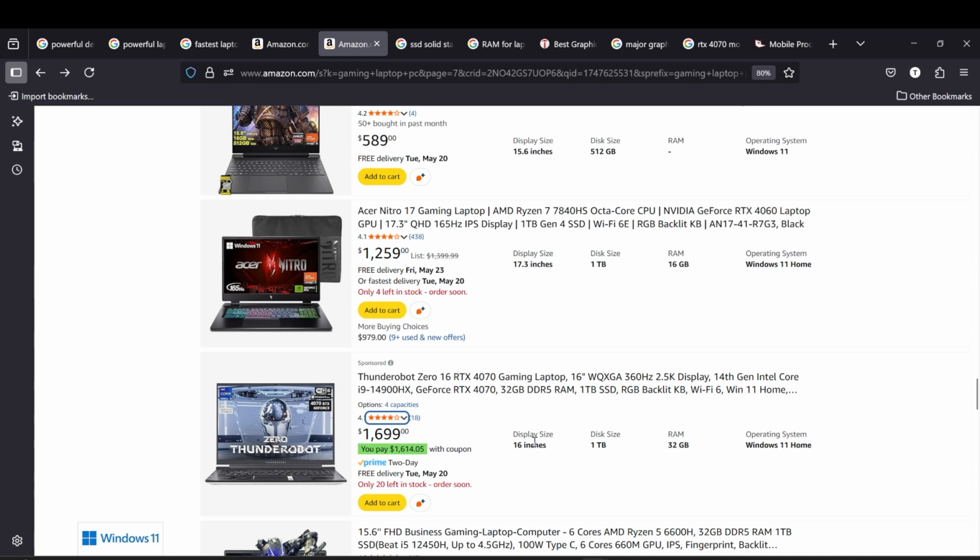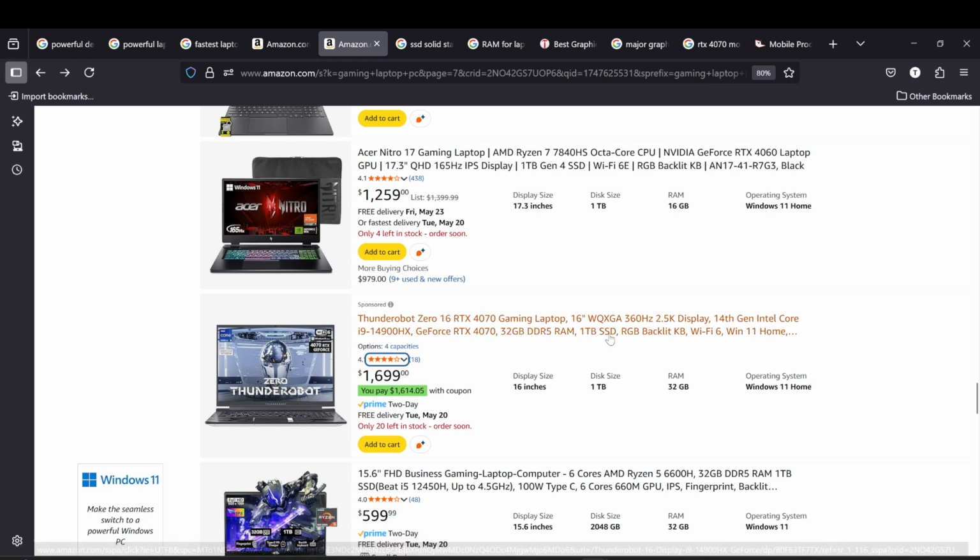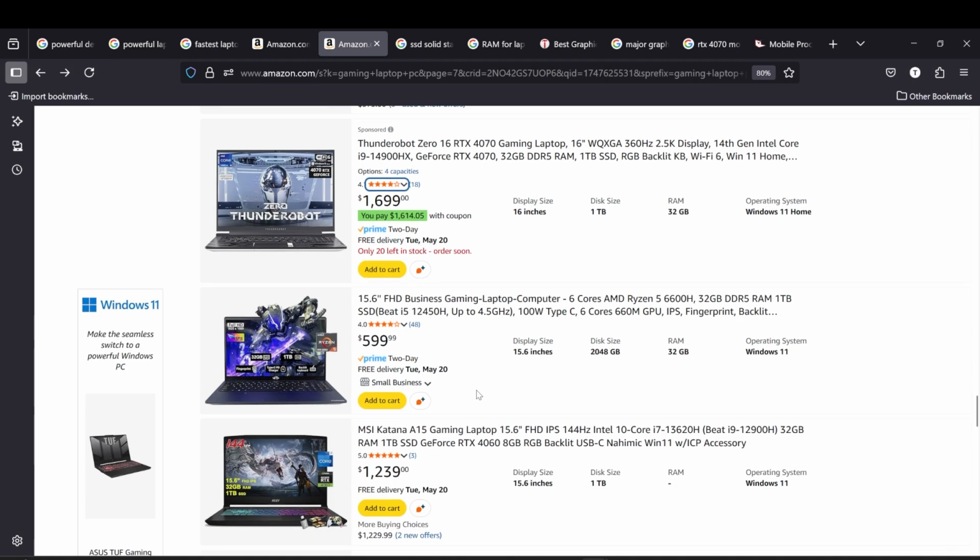I don't know the brand, and this is i9 14th generation, and the RTX 4070, 32 gigabytes of RAM, and 1 terabyte of SSD. It's not a deal breaker in here, but all in all it's good, and it's a good price, 1700 plus tax.